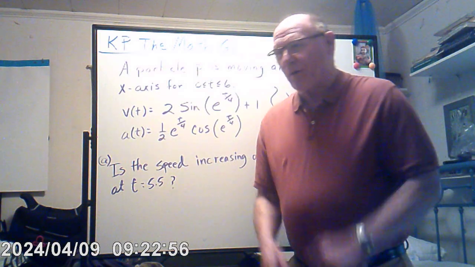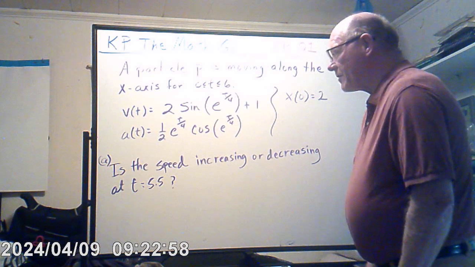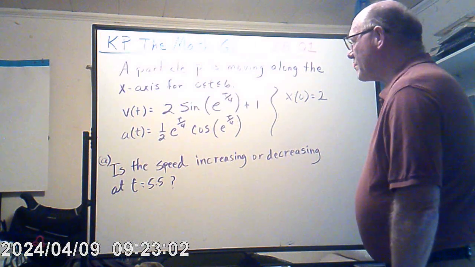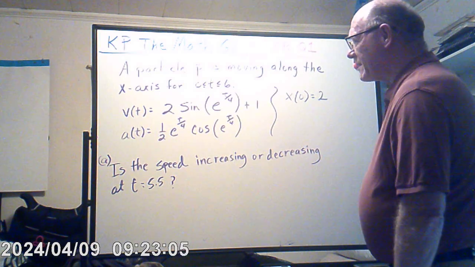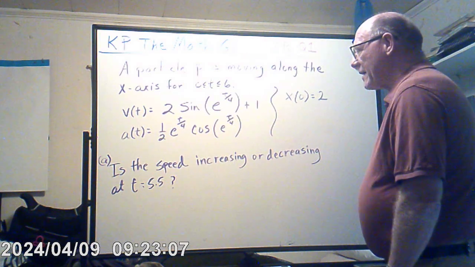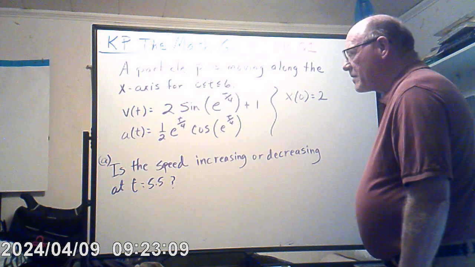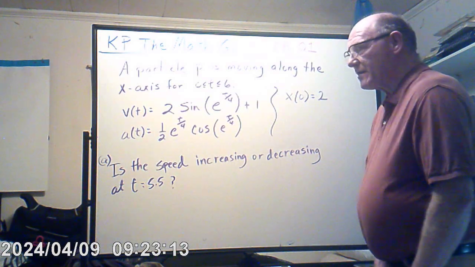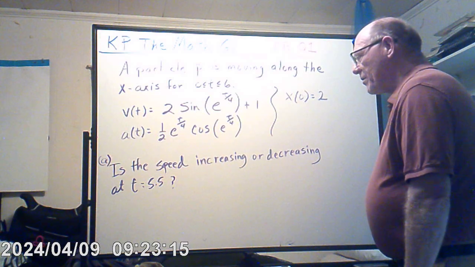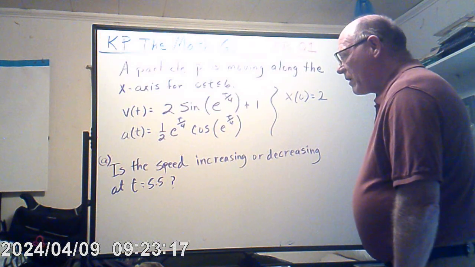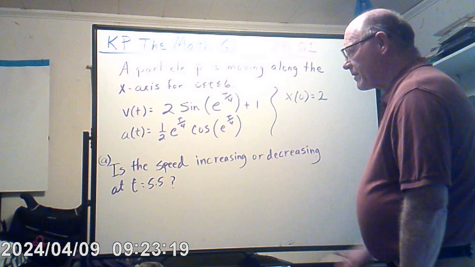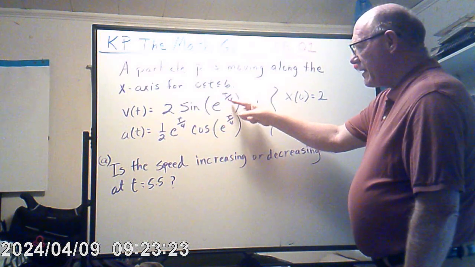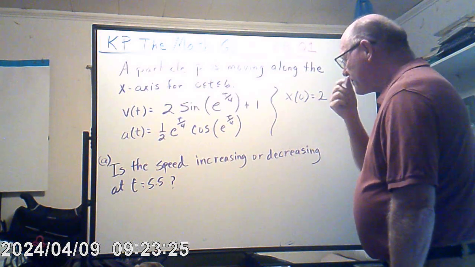These are nice questions here. I want you to be familiar with these. Particle P is moving along the x-axis for t between 0 and 6, seconds, minutes, whatever. We have both functions: V of t is equal to 2 sine of e to the t over 4, plus 1.